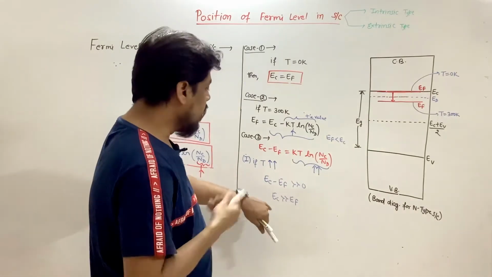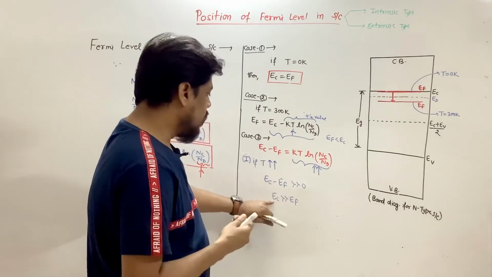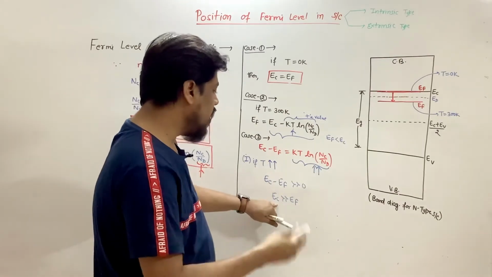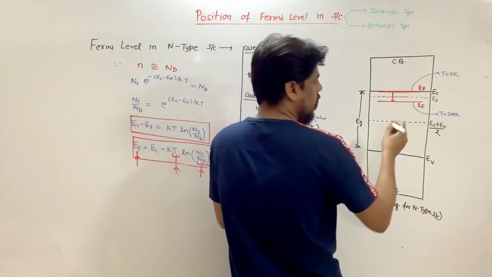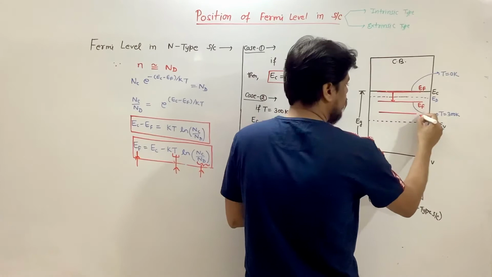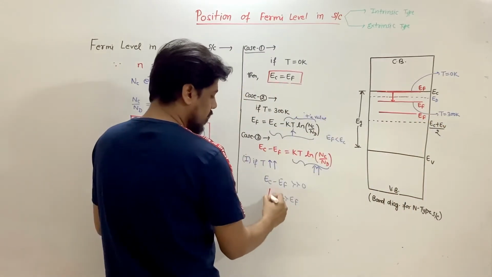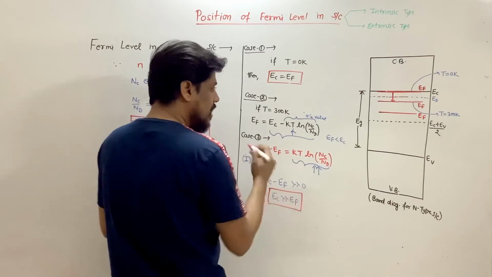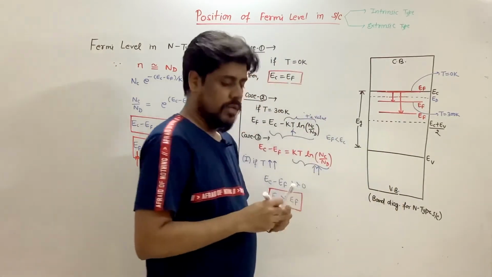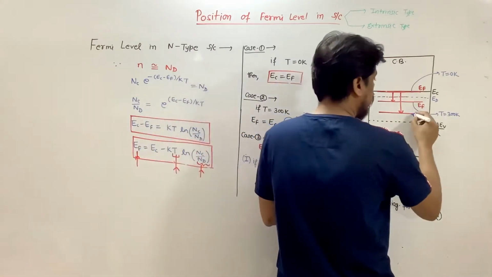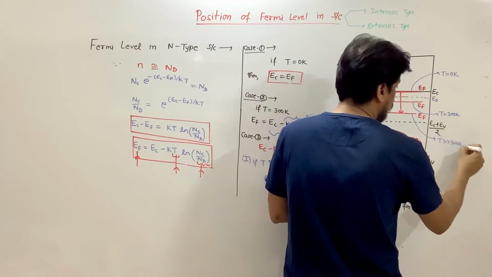So if we increase temperature more and more, the Fermi energy decreases, that is, Ef moves away from Ec. By this relation Ef is very much less than Ec, so it is going far away from Ec. This is the Fermi energy level position when temperature T is far greater than 300 Kelvin.